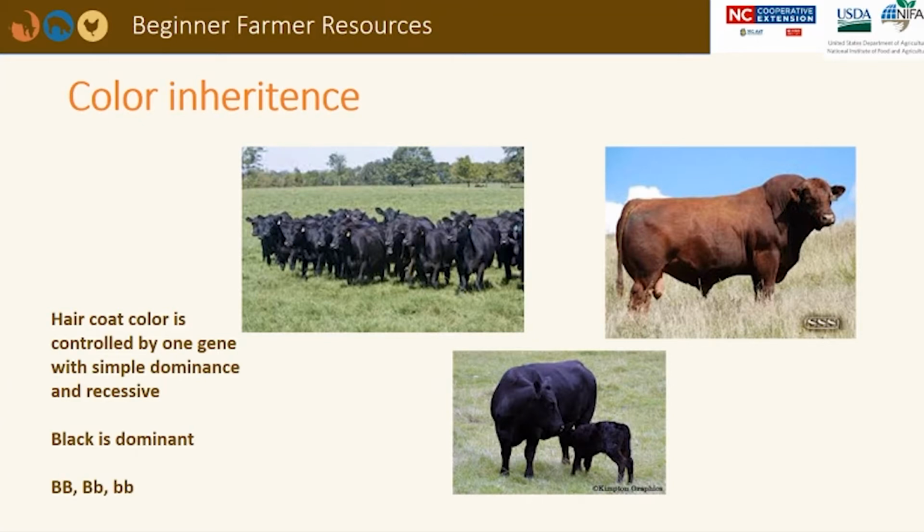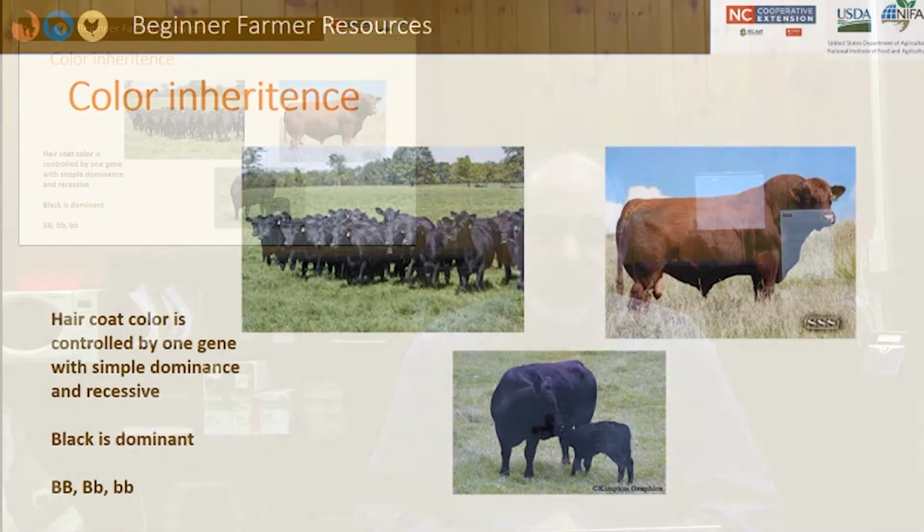That particular trait is a simple dominant gene where black is dominant. So an animal that is black has either 2 black genes or 1 black gene and 1 red gene. And if the animal has 2 red genes that it inherited from its parents, it will be red. But it has to have both of those to be of the red color.